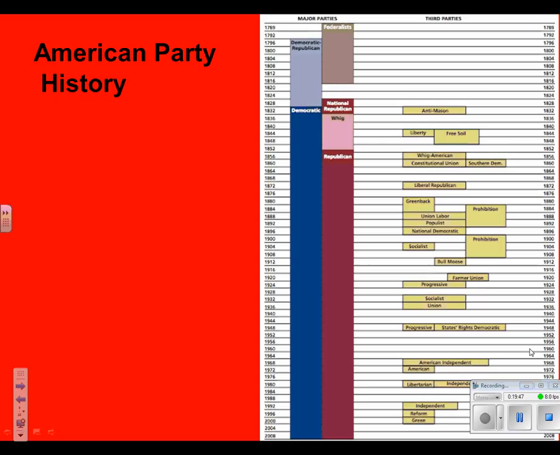But then in 1968, we see another realigning election. And this was the election of Richard Nixon. And Richard Nixon is going to employ something called the Southern Strategy, which is going to kind of cement the party organization we have today. Because the South, if you were drawing, I would draw the South going like that.